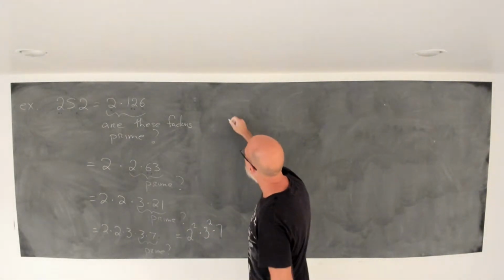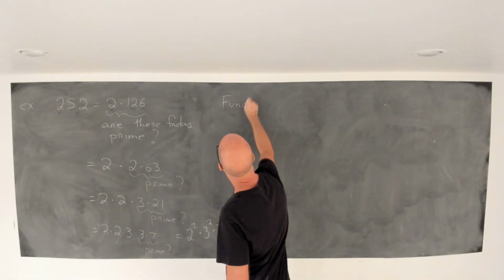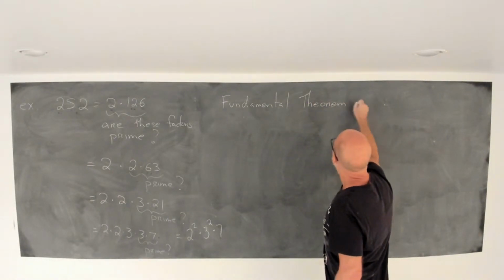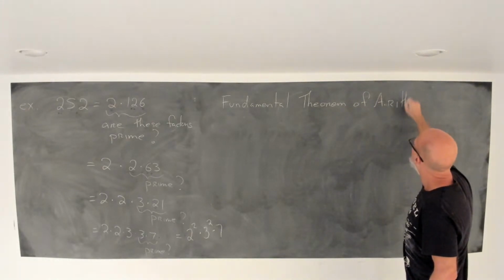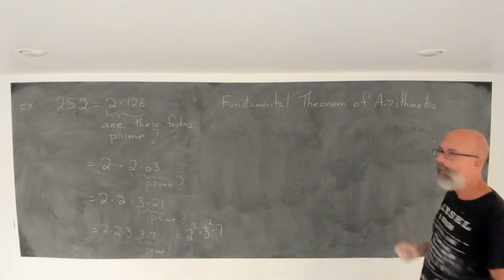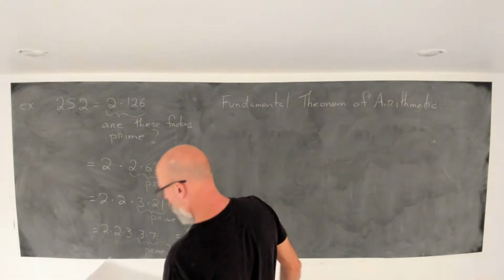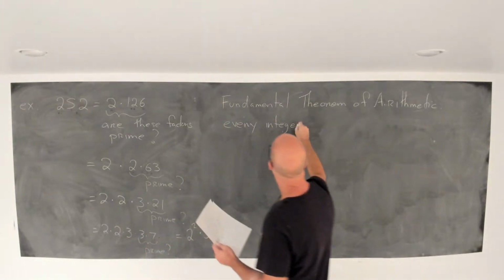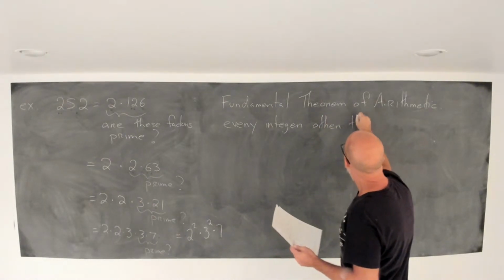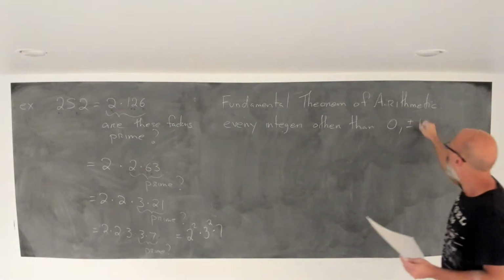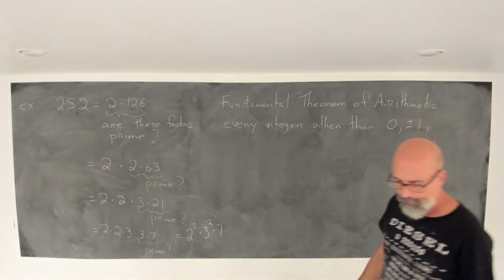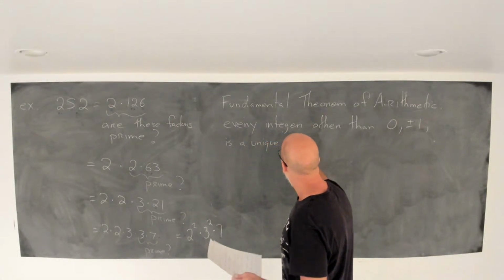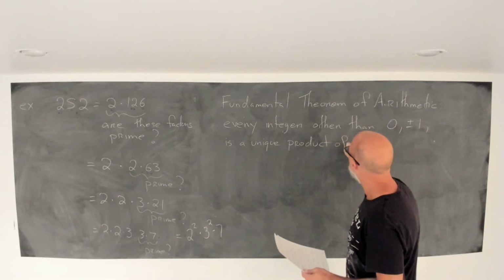So this leads us to the following theorem, known as the fundamental theorem of arithmetic, which says that every integer other than 0 and plus or minus 1 is a unique product of primes.